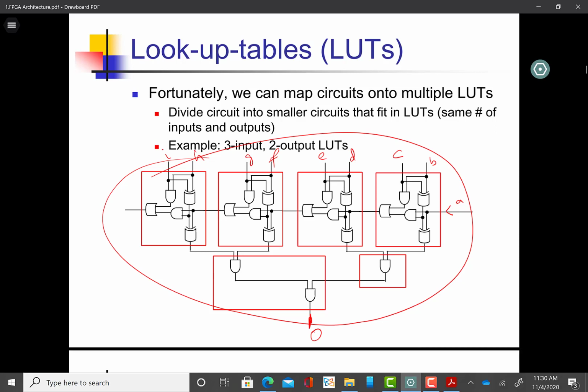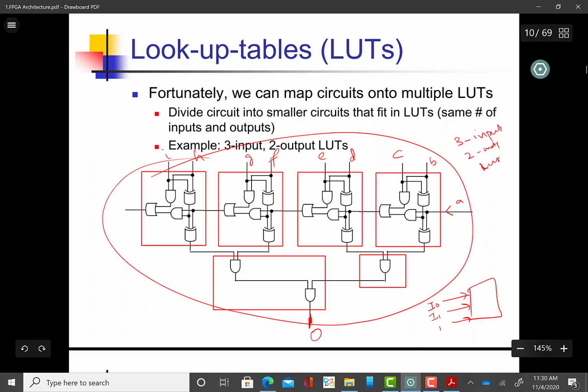Okay, so imagine that we have only 3-input and 2-output LUTs. So we have our FPGA with this kind of lookup tables.